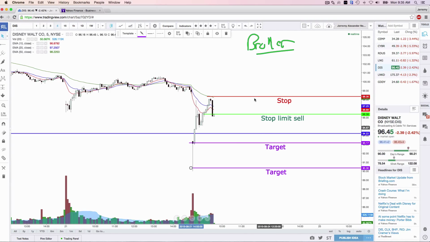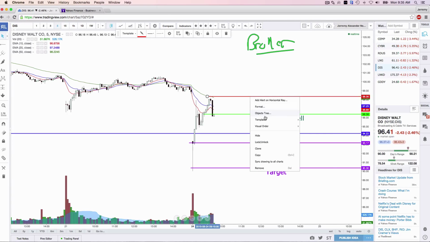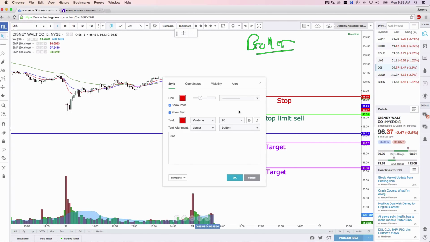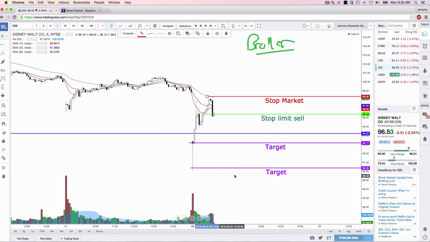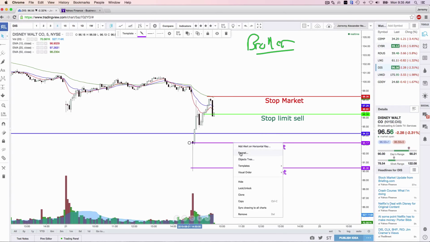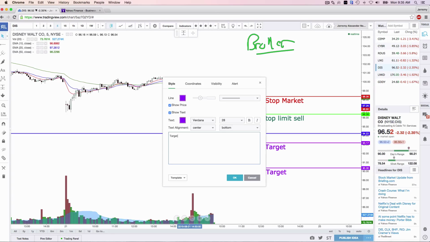This stop is how you're going to get out of the trade, because if we're bearish, we don't want the stock to go up. So we would say stop market at 98.36. And down here in a target, you would have a buy limit at 93.17.